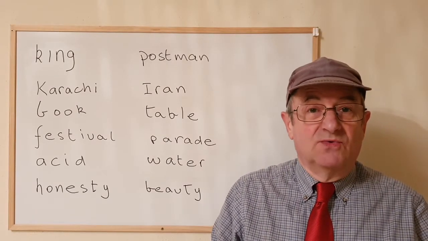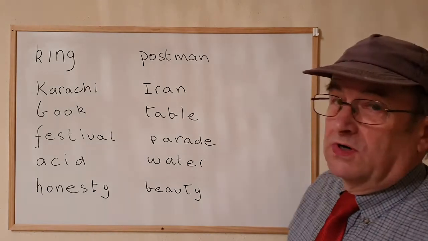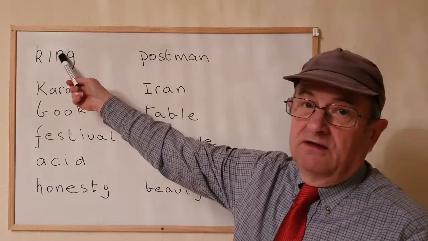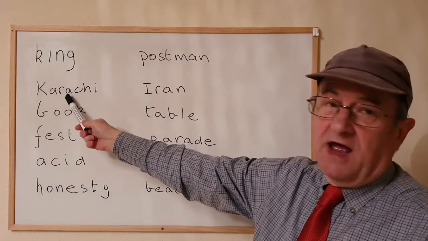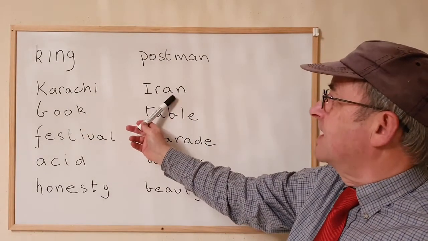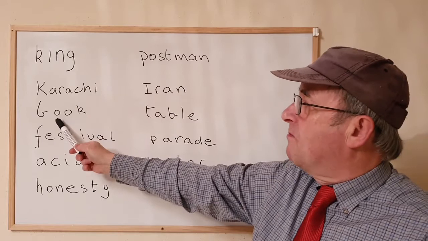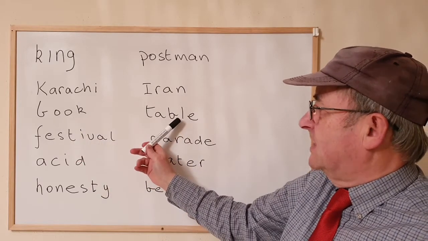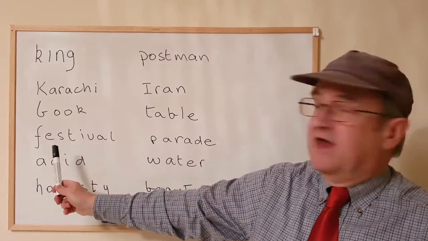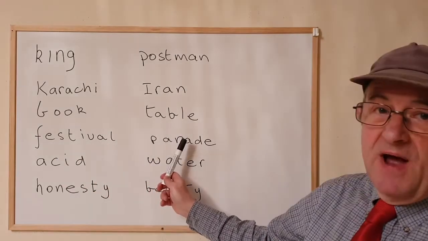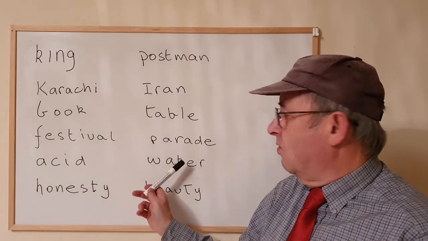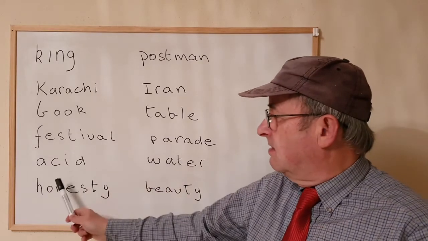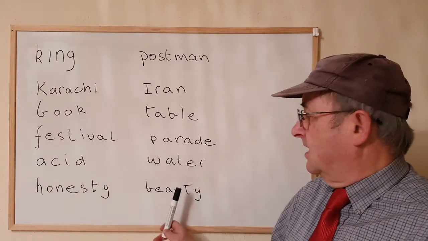Examples of nouns are words like king, postman, Karachi, Iran, book, table, festival, parade, acid, water, honesty, and beauty.